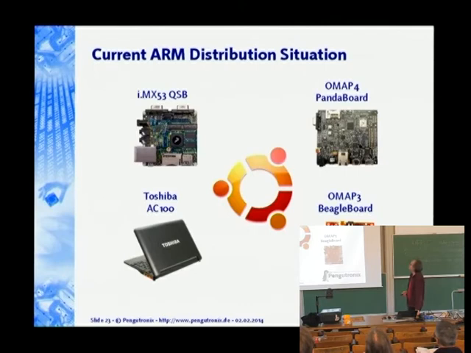We looked around at how the big distributions do that today, especially on different ARM targets. For example, if you look at how Ubuntu works on, for example, the Quickstart board or the Panda board, the Toshiba AC100 or OMAP3 Beagle board, then we find a lot of readmes or how-tos. Do this command, take this one, and then a lot of instructions you need to do in the right order, and in the end you get your system up.